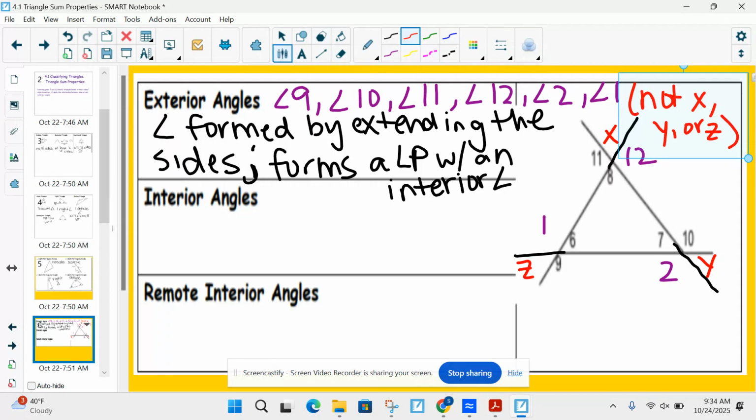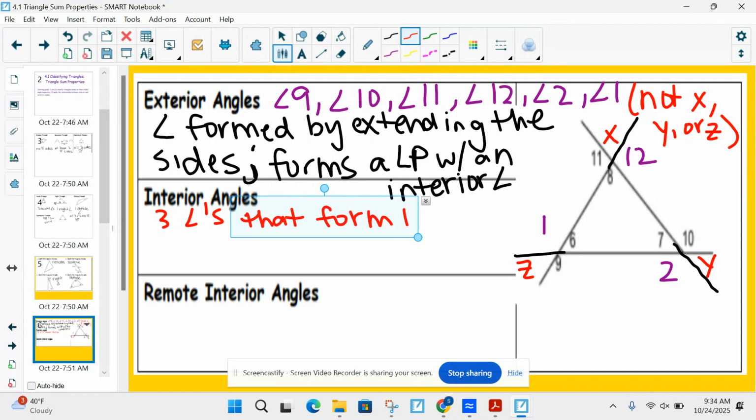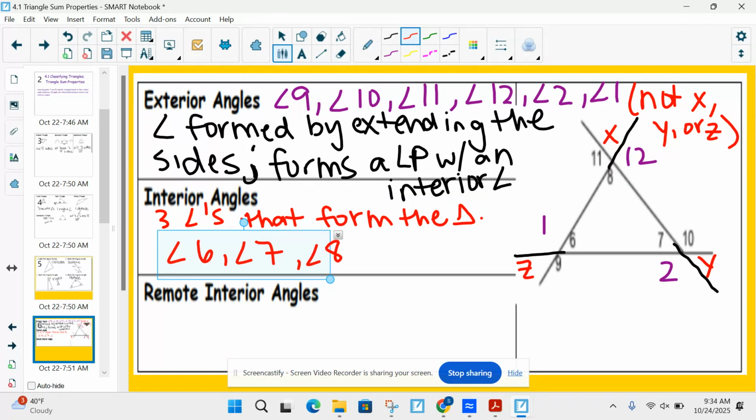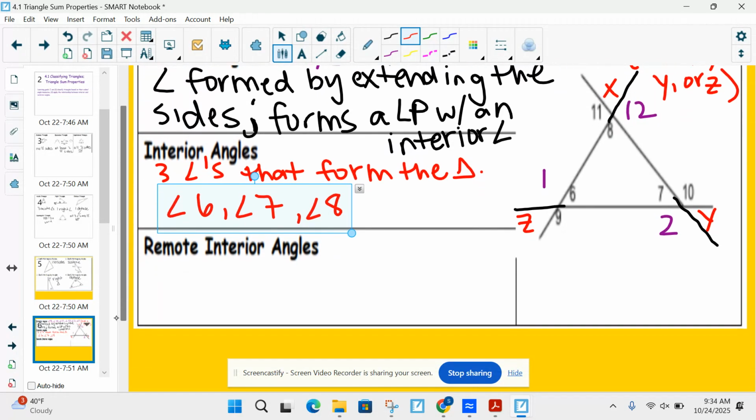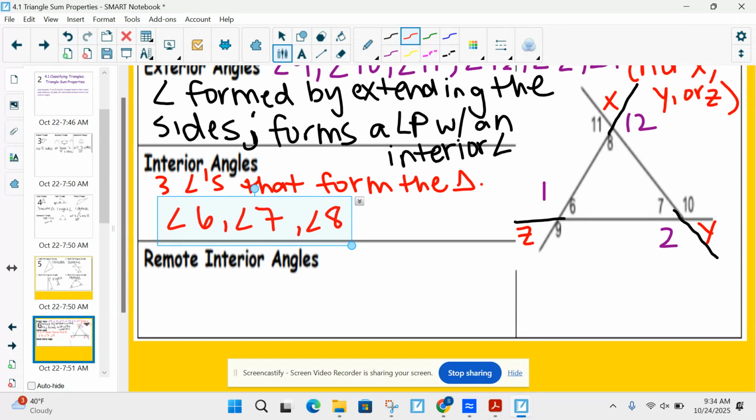An interior angle are the 3 angles that form the triangle. So this is angle 6, angle 7, and angle 8. And then remote interior angles are, I'm going to actually type this one out.